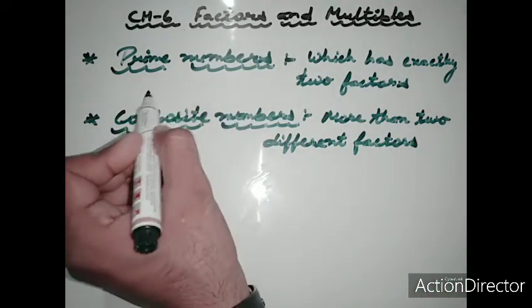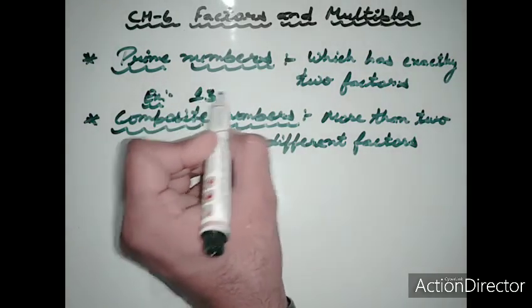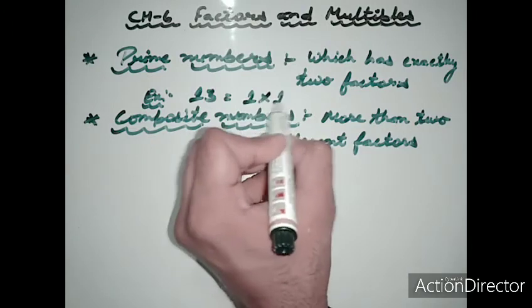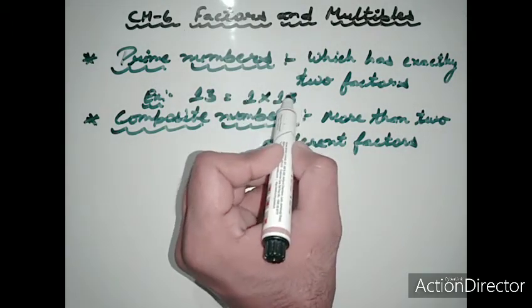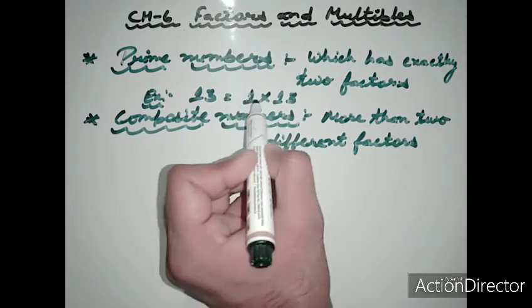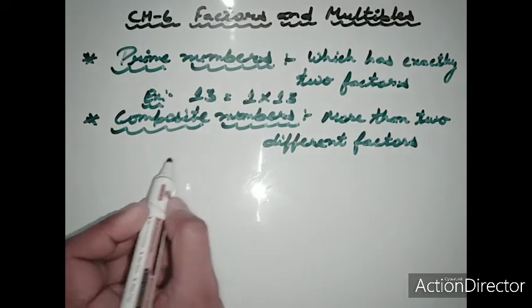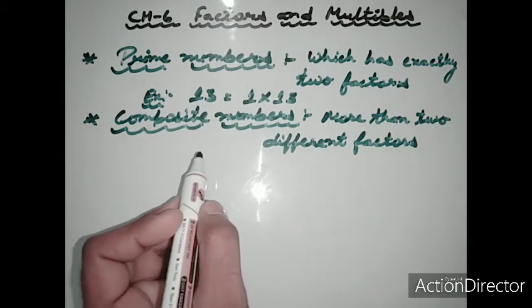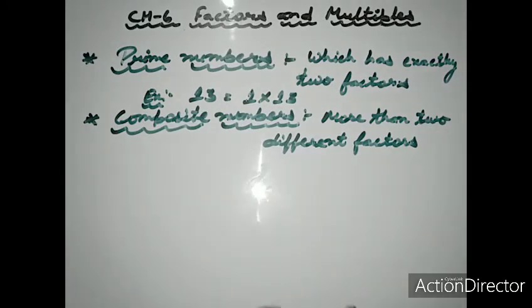Here we take one example of a prime number like 13. 13 has only two factors here, 1 and 13, right? Now we take another example of a composite number like 18, 16 and other numbers.